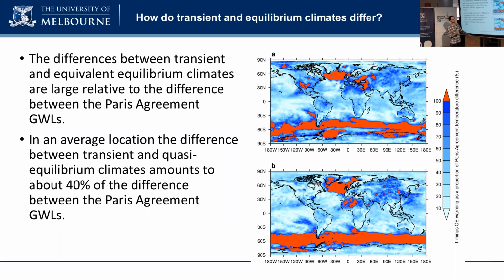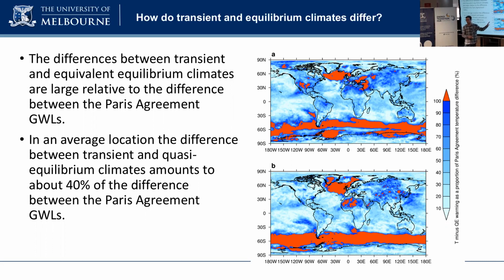But this is what these plots are showing: the difference between transient and quasi-equilibrium climates is actually quite significant. And this is comparing it as a function of the difference between the Paris Agreement targets. Where it's red, the difference between transient and quasi-equilibrium climates is greater than the difference between 1.5 and 2 degrees of global warming. This is especially true in the slow warming regions.